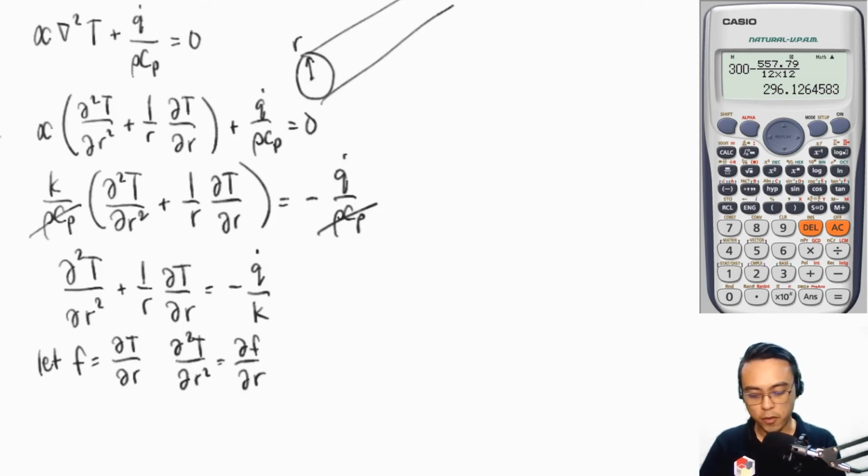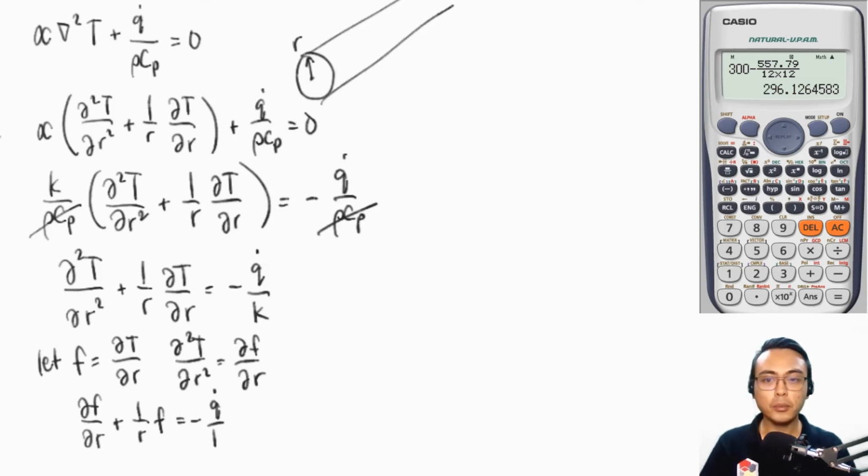Substituting, we have first derivative of F with respect to r plus 1 over r times F is equal to negative Q over K. This is now a first-order linear ordinary differential equation.